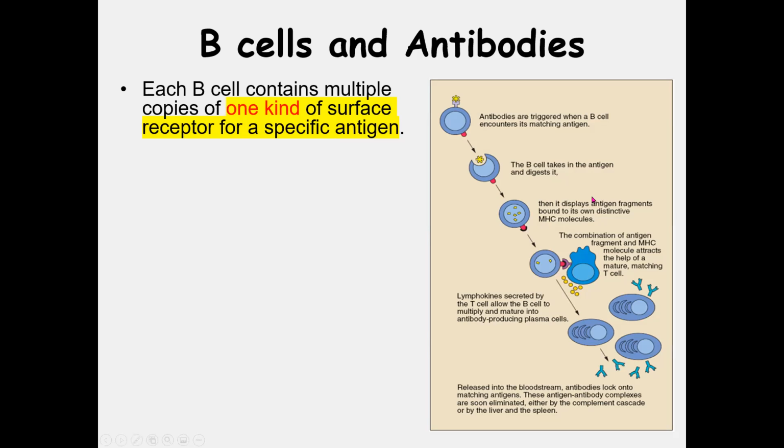So if here's a bit of antigen, and the B cell responds to it, it takes the antigen in, breaks it up, and part of that antigen is placed on the surface, which is recognized by a T cell.